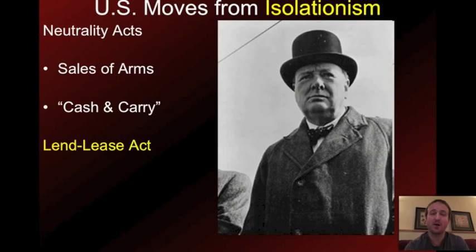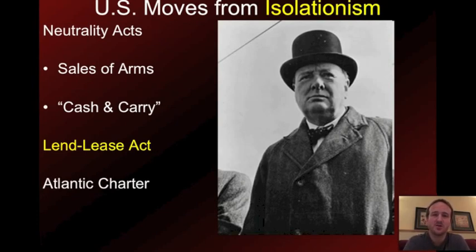We are willing to help out those countries that could help protect us, or we're willing to help out those countries fighting against a country or countries like Germany and Italy who could be potential threats to the United States. Finally, the Atlantic Charter is what we're going to close on here.